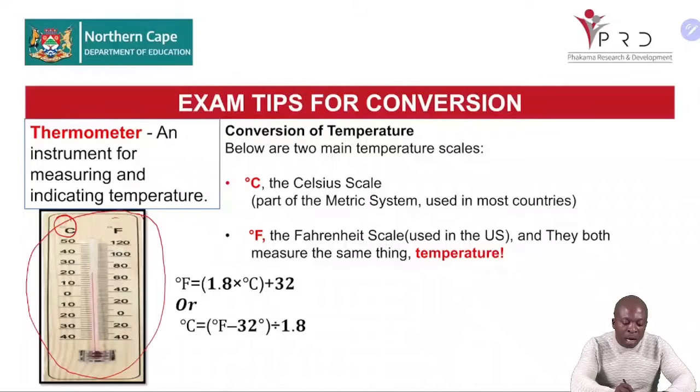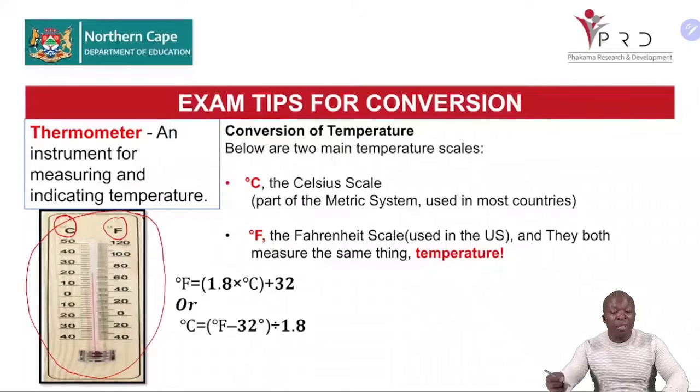And then on another side of the same thermometer, it has got the temperature calibration in degrees Fahrenheit. So there is a link in the way we can convert from either degrees Celsius to degrees Fahrenheit or vice versa. And for us in grade 12, our syllabus gives us the formulas that we can use to convert.